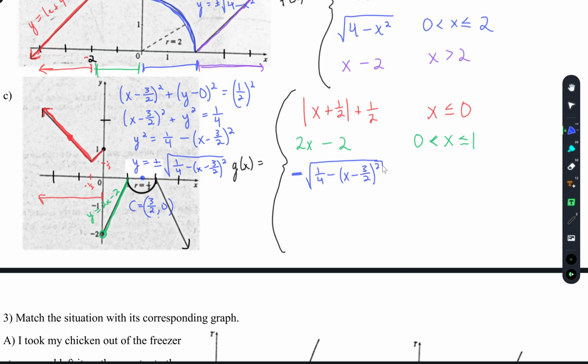Okay, it's happening between 1 and 2. I already have the bar on the 1, so I got to do the normal one, the less than on the 1. The 2, I'll put the bar on.